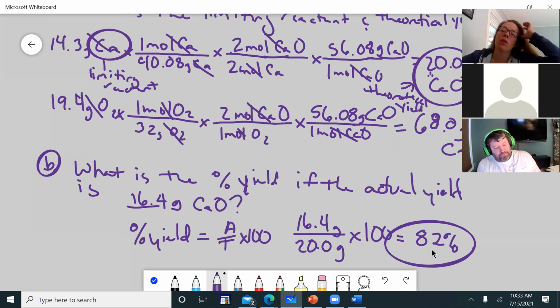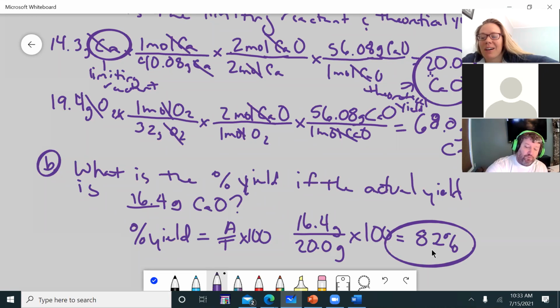Any questions on these long problems? They are long. So on your test, are you going to have like 6 of these? No. You're probably going to have 1 or 2 of them. They're long. Or you may have parts of them, right? Like I may give you the actual and the theoretical and you solve for this, right? Or you just do this first part.